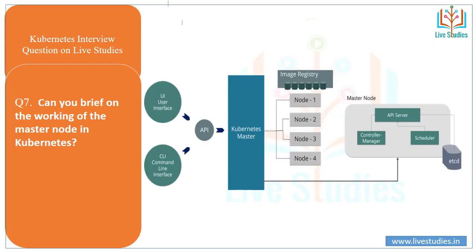Another question is, can you brief on the working of the master node in Kubernetes? Definitely. There are multiple components: image registry, Kubernetes master, API server, controllers, scheduler, etc. Many nodes are used, nodes 1, 2, 3, 4, and so on, along with command line and UI, meaning user interface. Basically the Kubernetes master controls the nodes, and inside the nodes the containers are present.